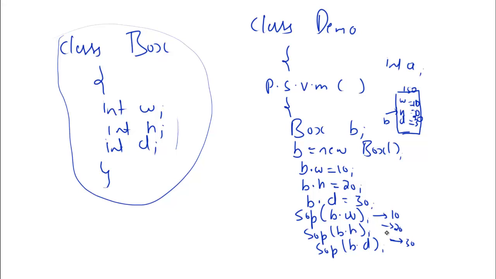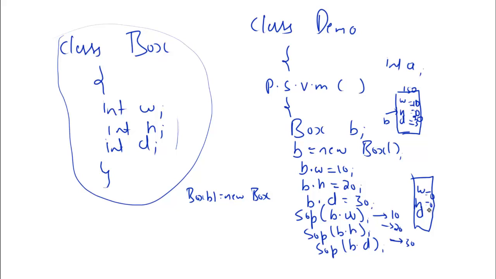If needed, I can also go ahead and create one more object the same way. I will just continue here, I don't have space there, so let's say Box B1 is equal to new Box. What happens here is one more memory has been allocated in the JVM for the class called Box. The content of this would be the same because I am creating the object from the same template.